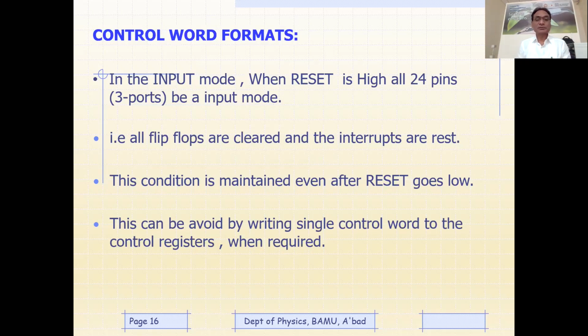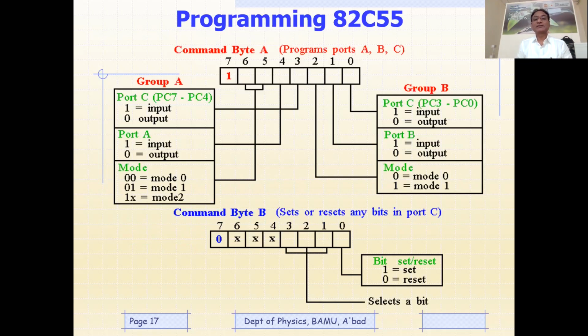Whenever you put logic 1, it is considered an input port, and whenever we put logic 0, it is considered an output port. This is how we can program the 8255. This is the format of the command word.